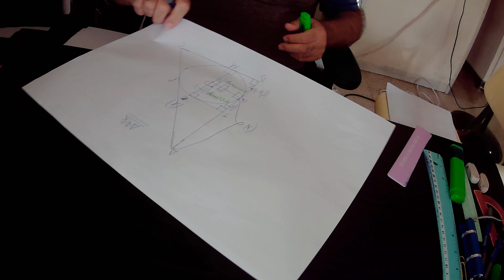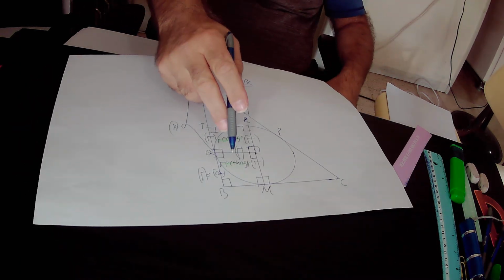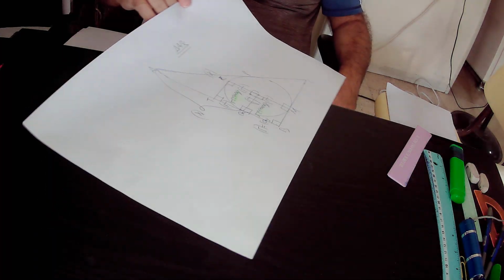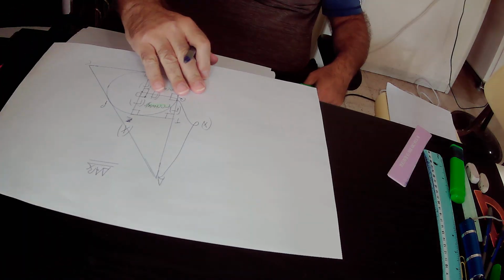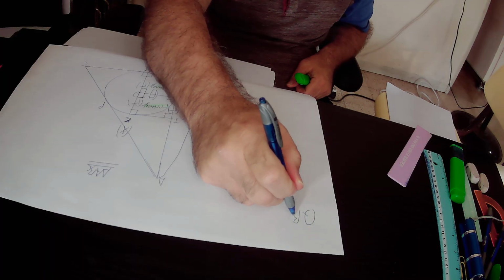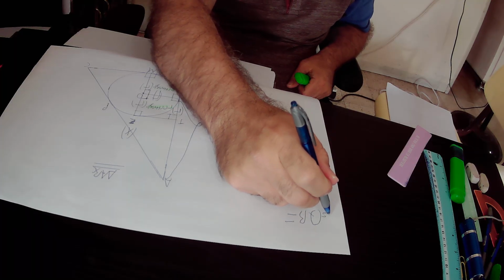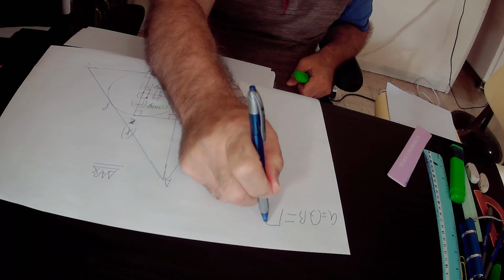So we only found out that QB equals A and QB also equals R. So write it down. We only found out that line segment QB is equal to A and QB also equals R.